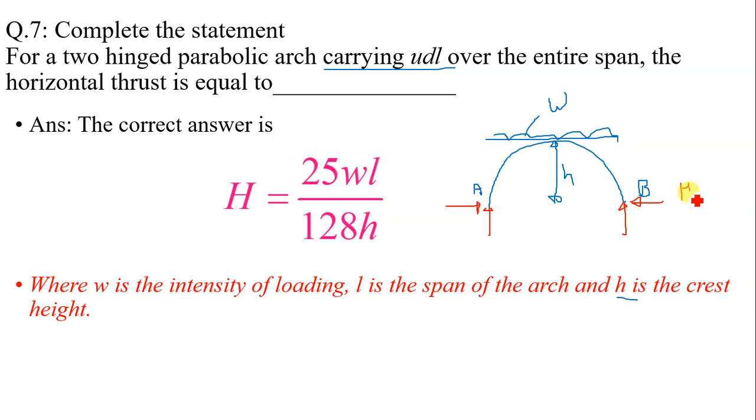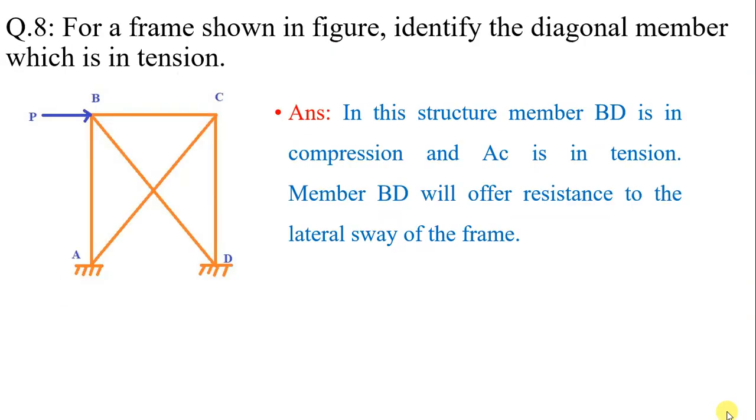So for equilibrium, HA is equal to HB is equal to H, and this value is equal to 25 W into L upon 128 H. This is a standard formula which we can derive using different methods.